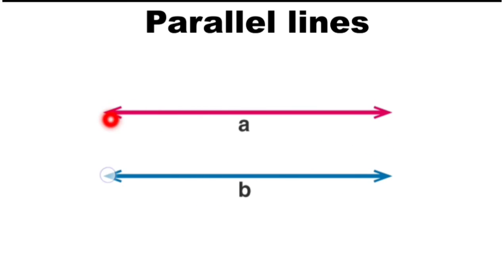That means this pink line is not going to meet line B ever, because when they keep a similar distance between them and the lines are extended in both directions, in future also they are not going to meet each other. Such lines are called parallel lines.